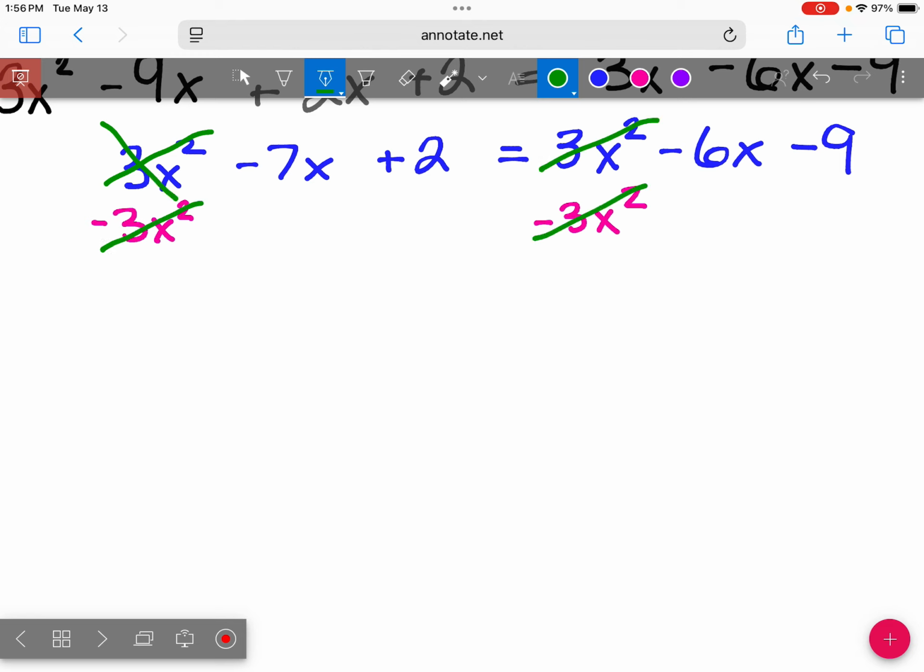So then let's move something else. Maybe we add our 7x. That gives us 2 equals negative 6x plus 7x gives us just 1x minus 9. What should we do here?